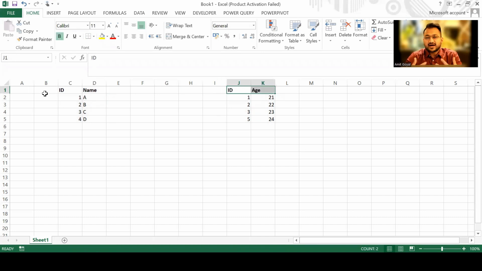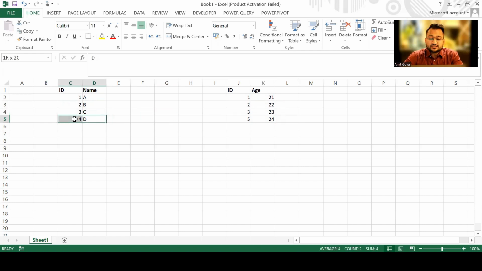Now, if someone asks me, what is the age of A? I will match his ID and say, okay, A's ID is 1, so his age is 21. If someone asks me, what is the age of C? I will say, okay, C's ID is 3 and his age is 23. But if someone asks me, what is the age of D?